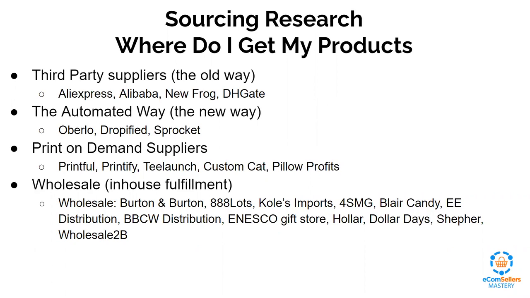So with wholesale, in our world of Shopify, is called in-house fulfillment. So what can actually happen, and it did happen to me, and it happens to a lot of people. You never know what product you put in your store is going to start trending and take off.